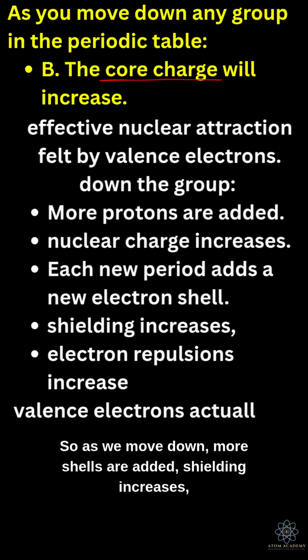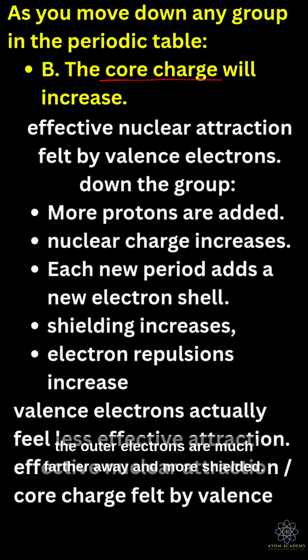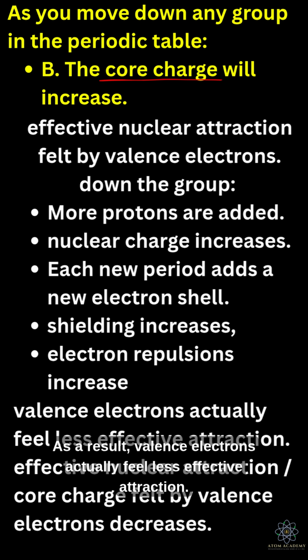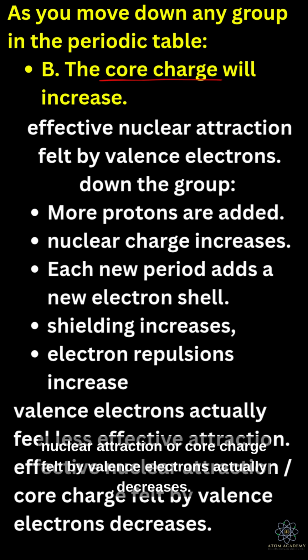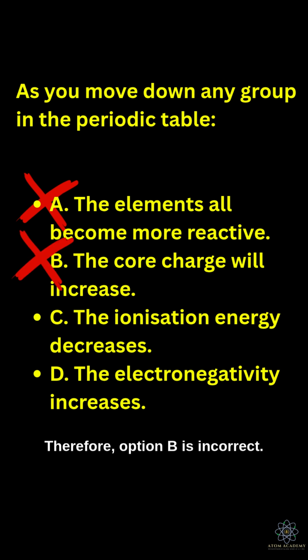So as we move down, more shells are added, shielding increases, electron repulsions increase. Even though the nucleus becomes more positive, the outer electrons are much farther away and more shielded. As a result, valence electrons actually feel less effective attraction. This is also why atomic size increases down the group, so effective nuclear attraction, or core charge felt by valence electrons, actually decreases. Therefore, option B is incorrect.